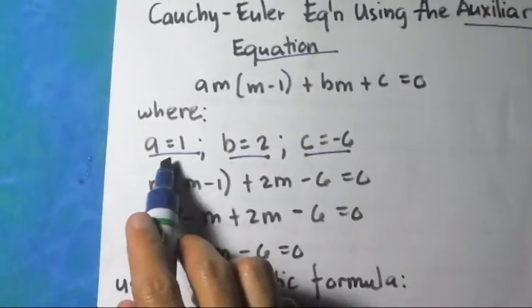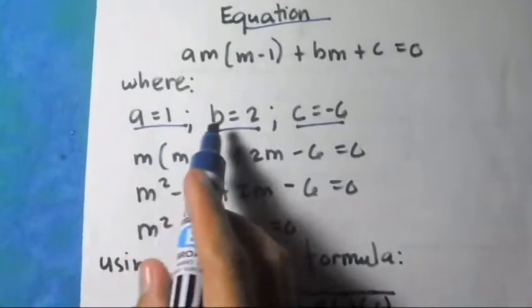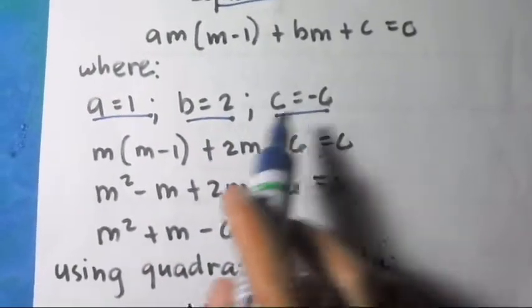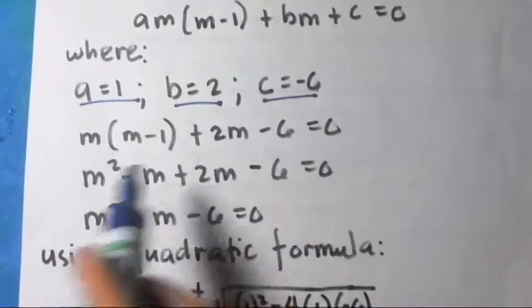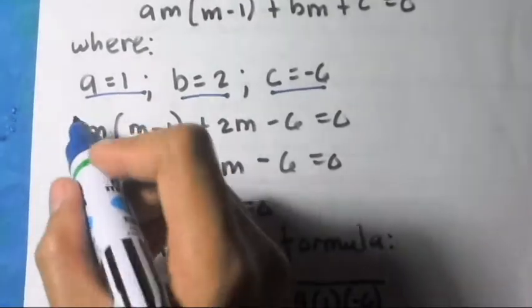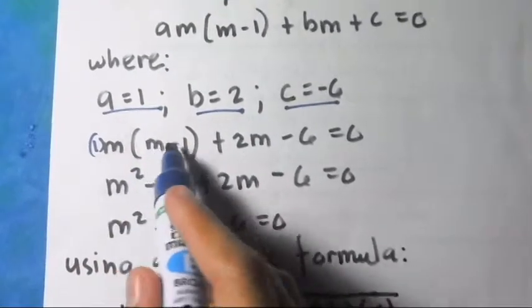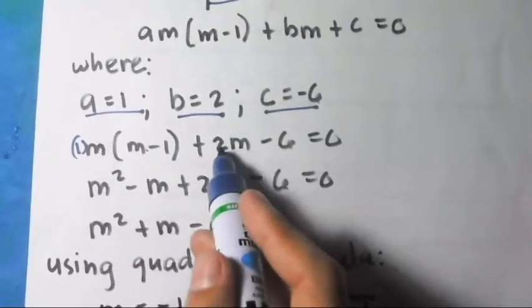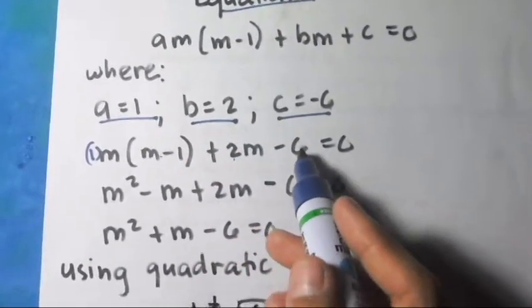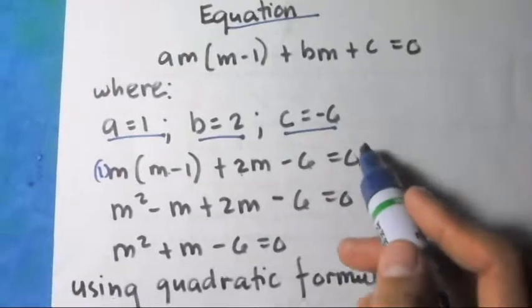By substituting a equals 1, b equals 2, and c equals negative 6 into the auxiliary equation, we now get m times 1 times (m minus 1) plus 2, which is our value of b, times m minus 6, the value of c, equals 0.